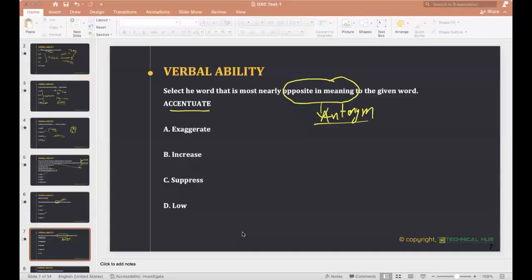Don't worry, I'm sharing the window. Can anyone message in the question and answer? What is the meaning of accentuate?